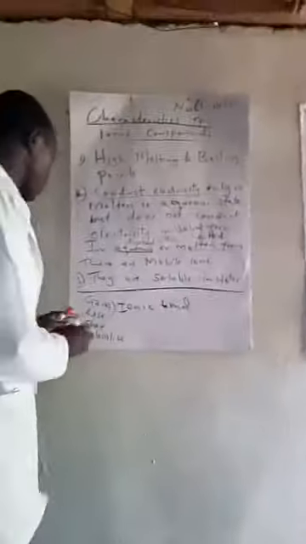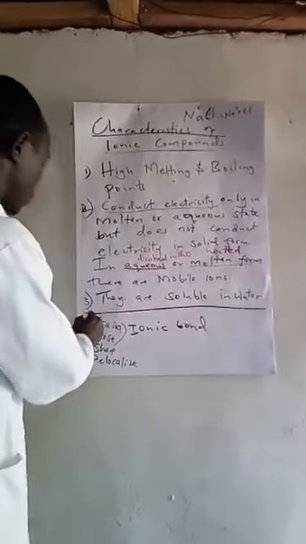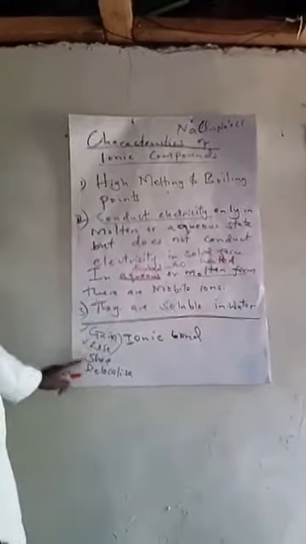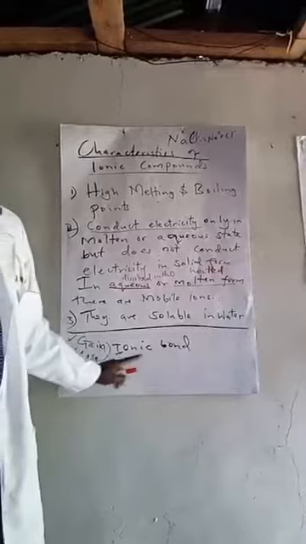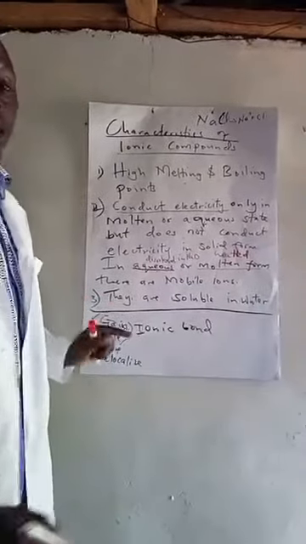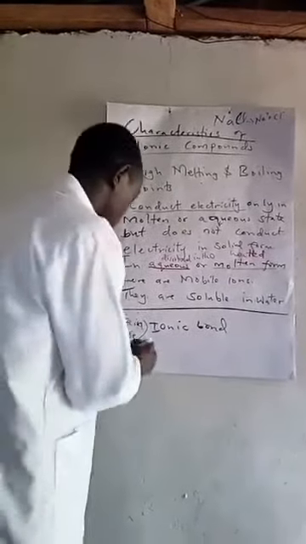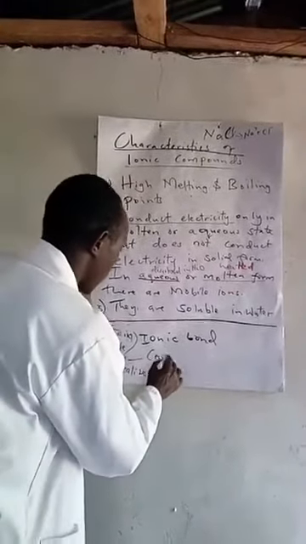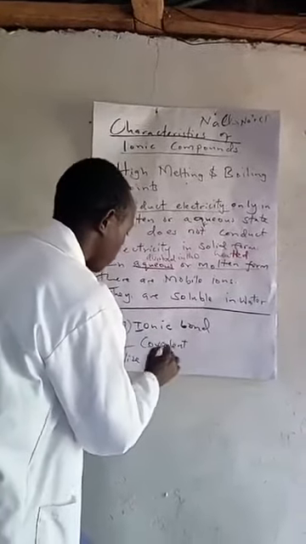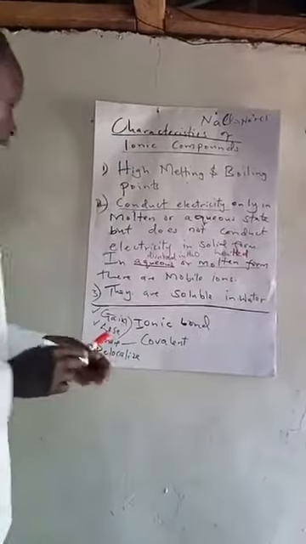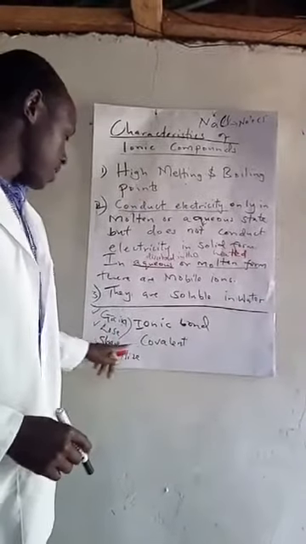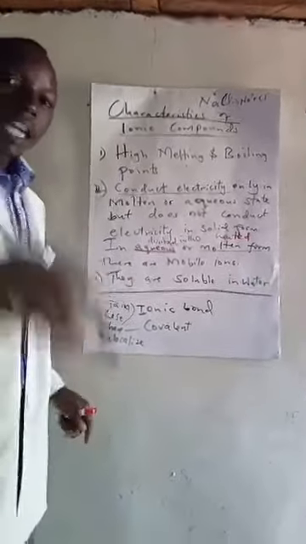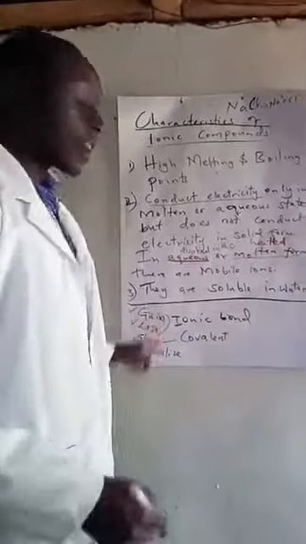When atoms lose or gain, it forms an ionic bond. When atoms share electrons, it forms a covalent bond. When atoms share electrons, none of them loses, none of them gains.